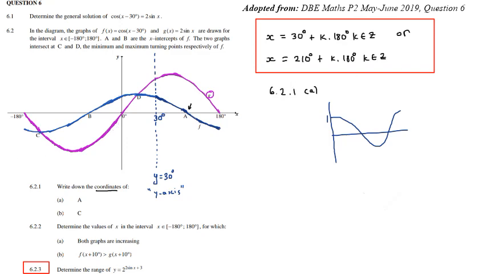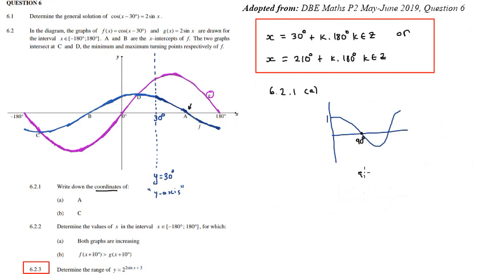Now that we've recognized that this line x equals 30 degrees is basically our imaginary y-axis, we know that this coordinate is going to be exactly the coordinate in the original cosine function, just shifted 30 degrees to the right. In the original cosine function, this coordinate is 90 degrees.